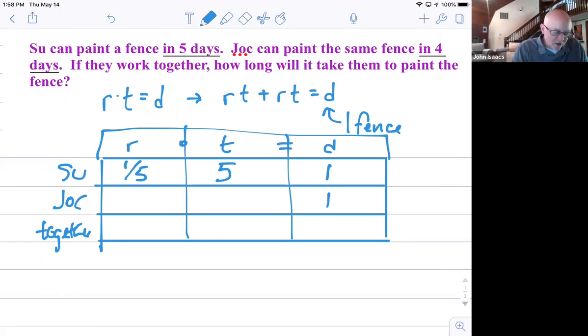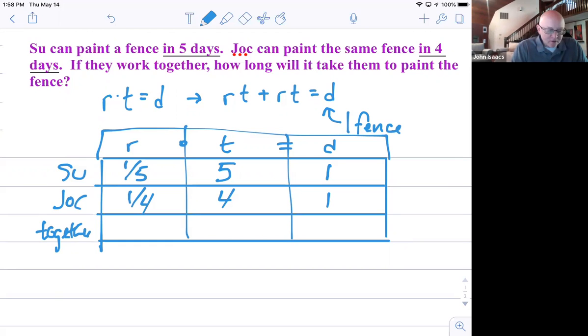Jock also paints one fence, but can do it in 4 days. So Jock's rate is 1/4 per day. In other words, Jock can paint 1/4 of the fence in a day, and Sue can paint 1/5 of the fence in a day. So those are the rates per day.